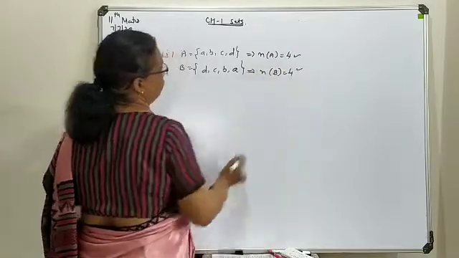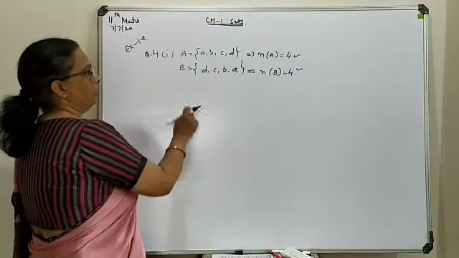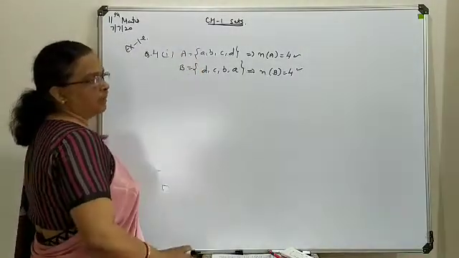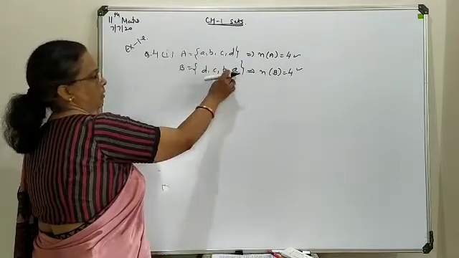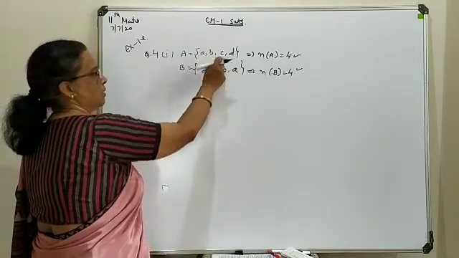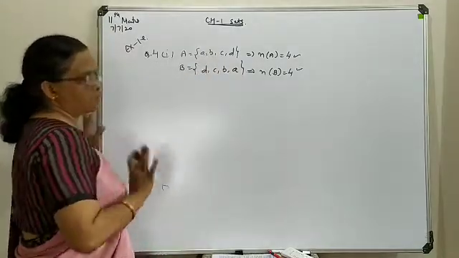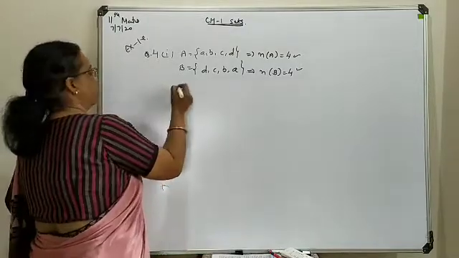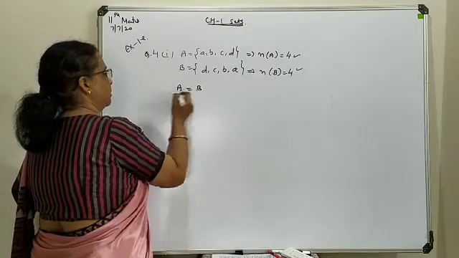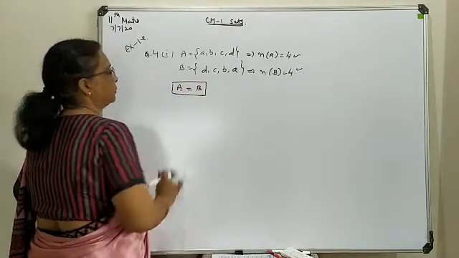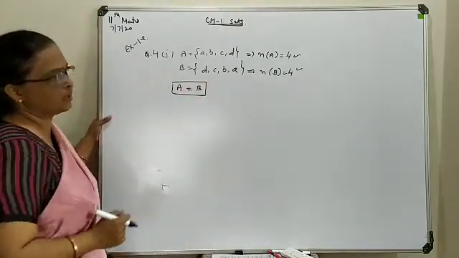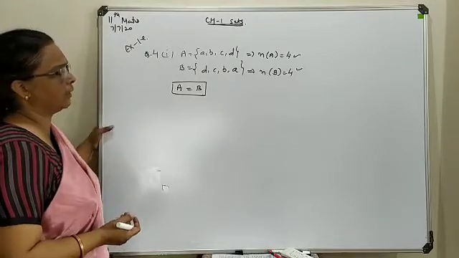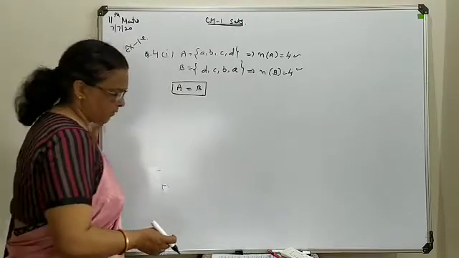So the first criteria is fulfilled. Now you will check whether these two are containing the same elements or not. So A is there, B is also there, C as well as D, meaning you are having the exact same elements in both the sets. So here A can be written as equal to set B. So this is the basic criteria fulfilled for an equal set.